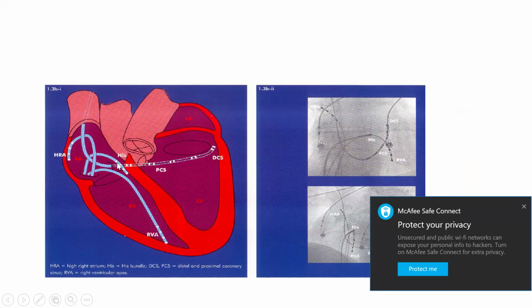So that means your 9, 10 will be closer to the right atrium. Your 5, 6 will be closer to the left atrium, while your 1, 2 will be closer to the lateral wall of the atrium and the left ventricle. So when we are looking at the EGM, anytime you are seeing 9, 10, it's closer to the right atrium.